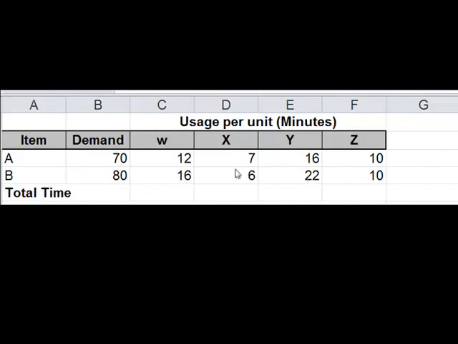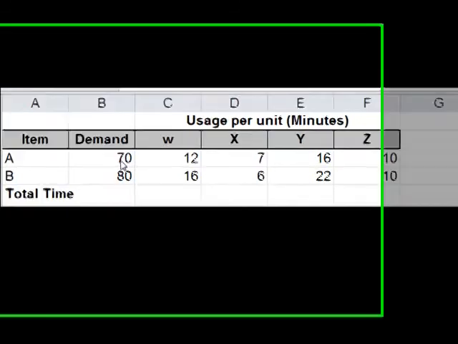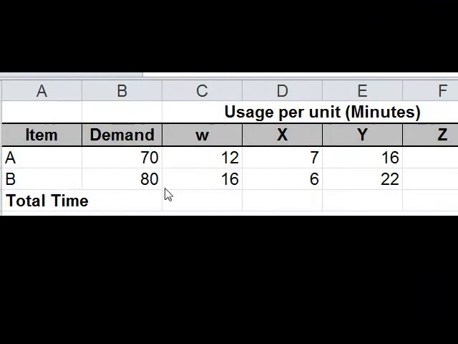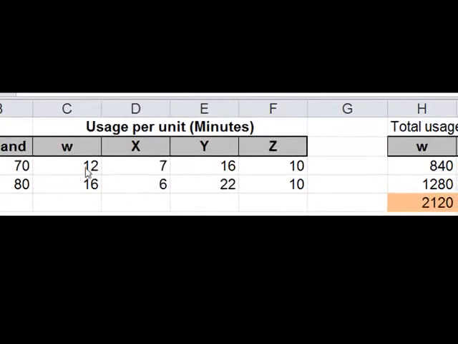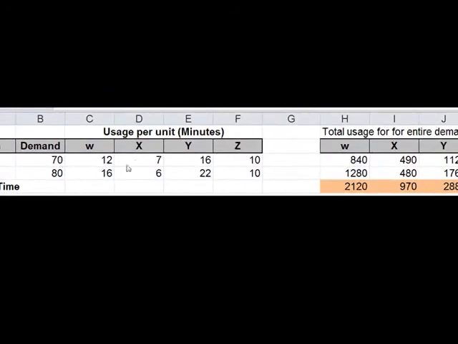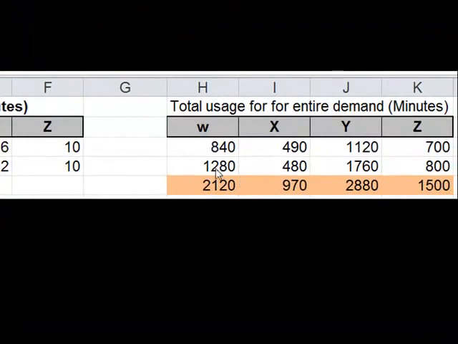The trouble is that if we figure out the total time needed to make all of these items, 70 A's and 80 B's, it is going to be 70 times 12, which is 840, 70 times 7, which is 490, 70 times 16 is 1120, and so on. You do the same thing for B, and you add up the times, and you will notice that you're good on all but the process Y.